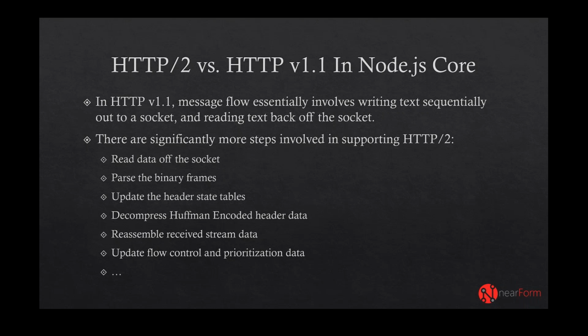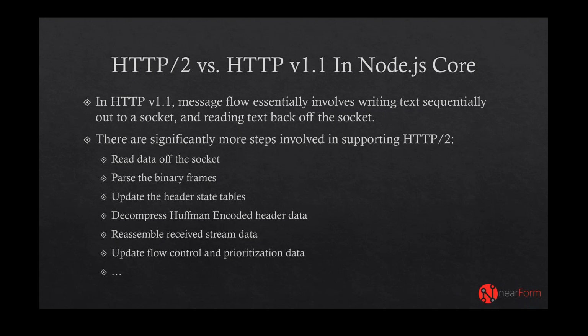If you look at the internals of the request object in Node Core, you'll find that when you write a header or start writing data, the code is highly optimized to eliminate as many layers as possible and allow that data to be written directly to the open socket. Many assumptions are made for the sake of performance: that there shouldn't be anything else in the way, and no one else should be using that socket. You're just going to be writing the data, and then when you're done, you're able to move on.